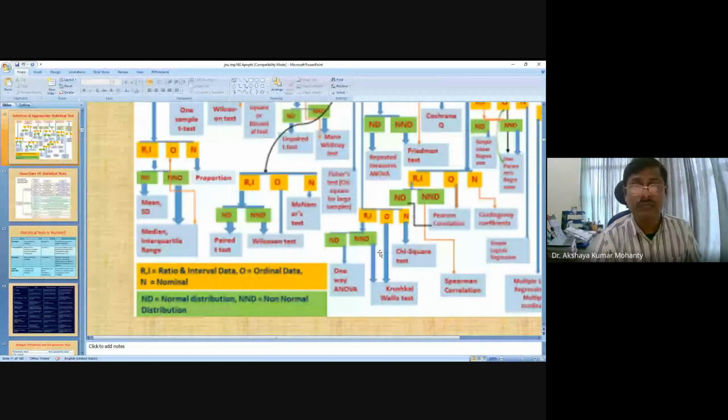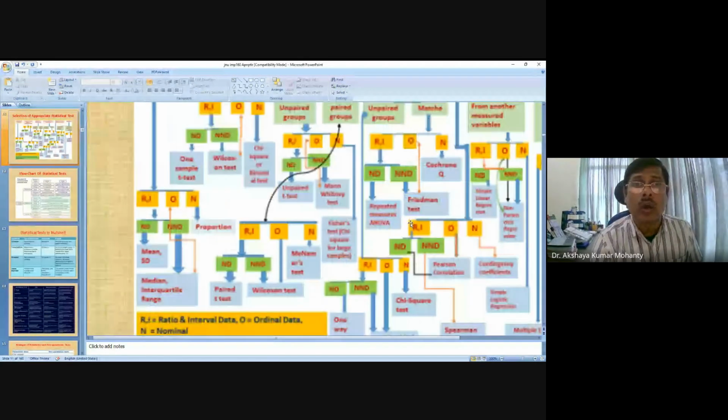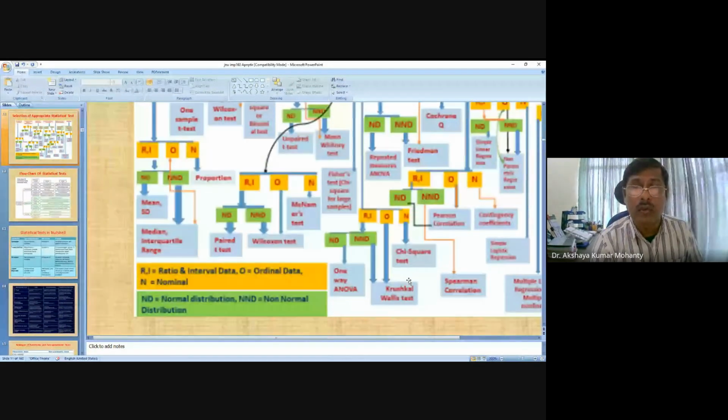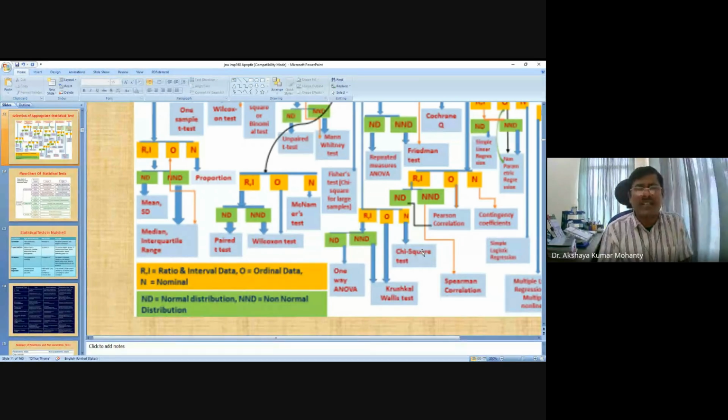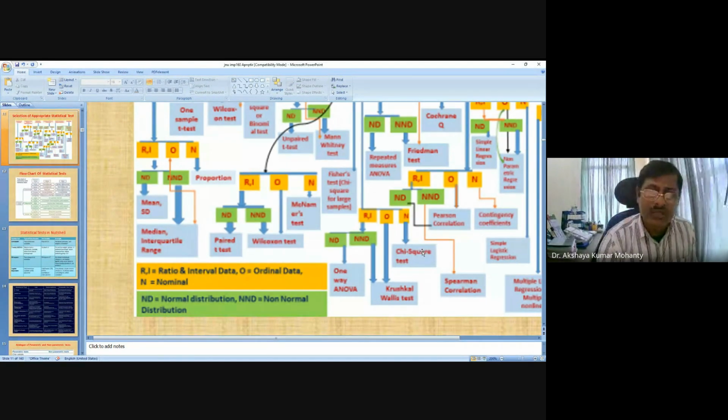Clear? Now we come to the nominal data set, or categorical data set, with unpaired groups of 3 or more. Here you can use the chi-square test, which is also known as the test of independence. It is also a non-parametric test.